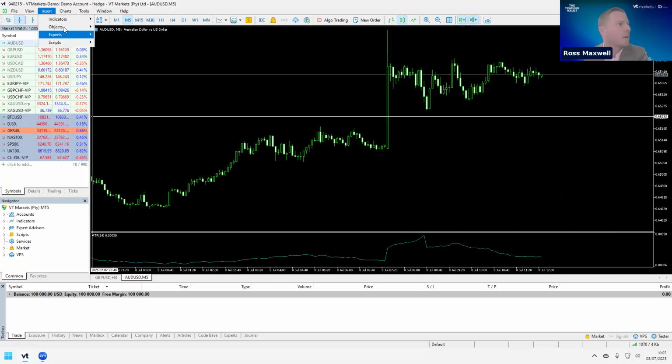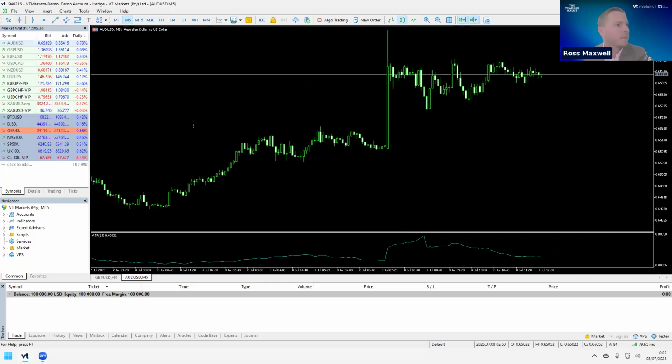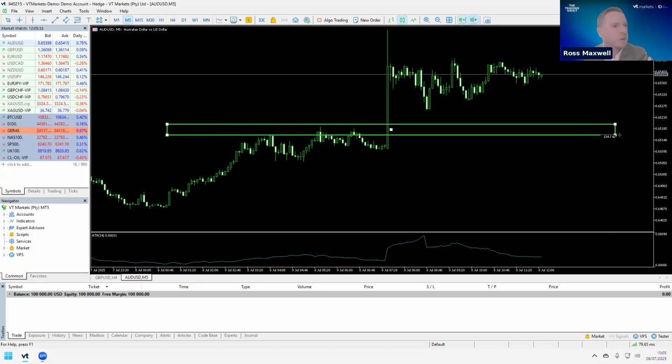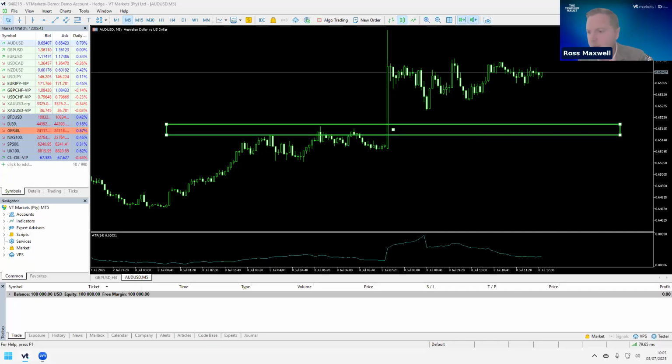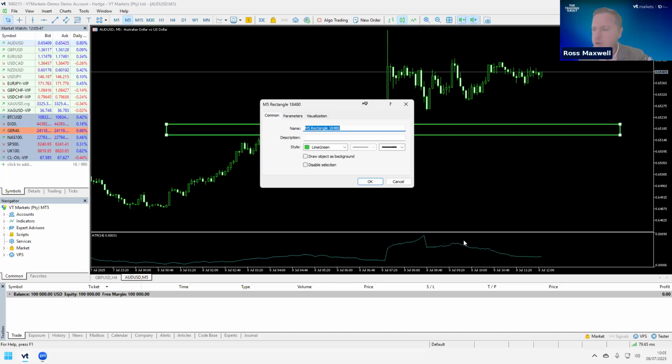So we're going to insert an object here, and I'm going to show you what I'm basically looking at. We're going to draw a zone. We're going to make this zone 4 pips wide, because the average true range is 8 pips, and we divide that by 2 to get the average width of our zone.